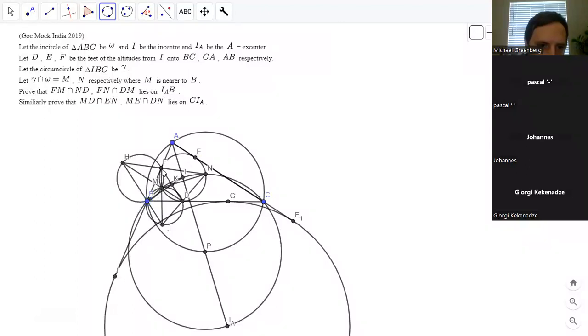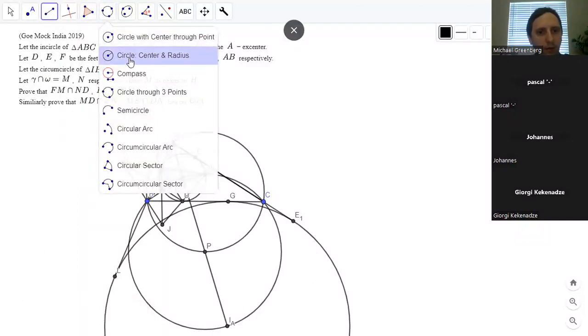I think I've used it on my channel a couple times, but I think it has something to do. Trying to remember the proof. So are you using something specific to the points M and N? Because I don't think it works if you don't.